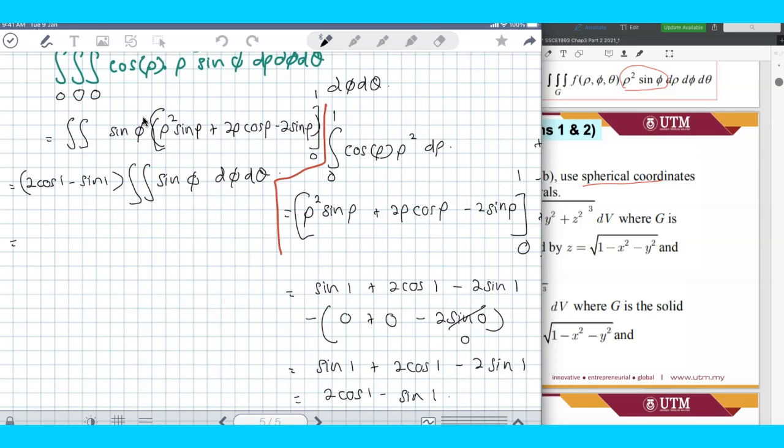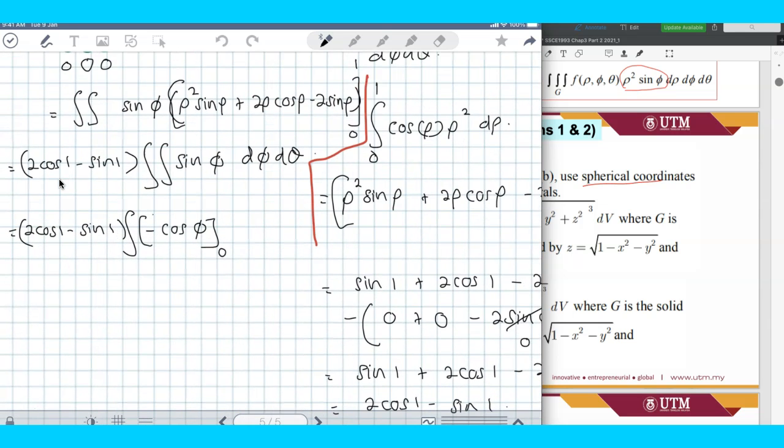You can leave the answer in this form for a while. So 2 cos 1 minus sine 1, and I integrate the sine. I will get negative cos phi, where phi is from 0 to pi over 2, and then d theta.